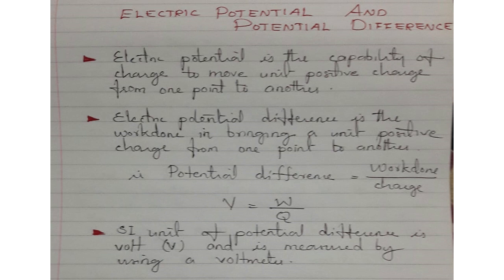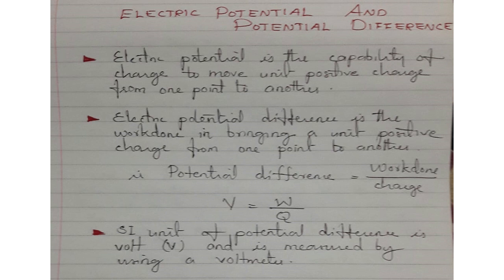When we consider electric potential difference, it is the work done in bringing a unit positive charge from one point to another point. If you write its formula, then electric potential V is equal to work done divided by the charge Q. That is, V is equal to W by Q.